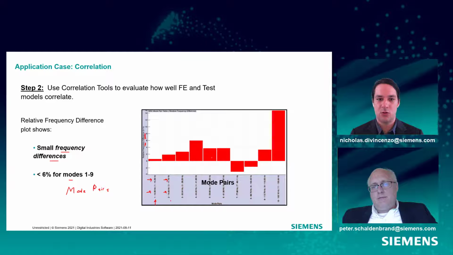But there are a few modes, especially that one at the far right and maybe that one in the middle, where there's maybe a higher than acceptable frequency difference between those modes. Right. And so maybe those will have low MACs because their frequency's different too. So it's a clue like where you might want to start on your model.